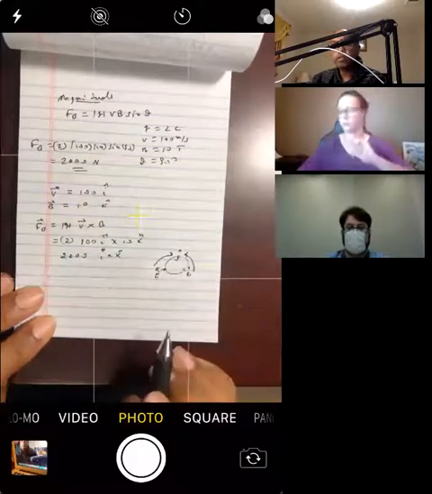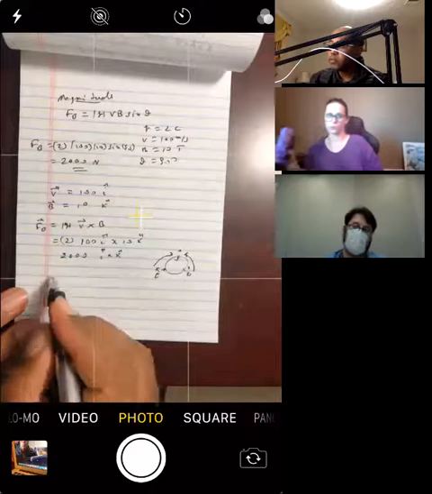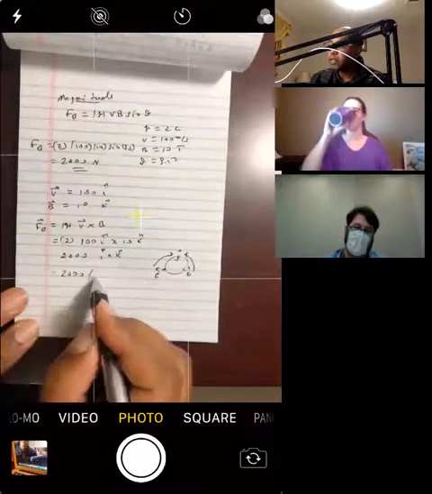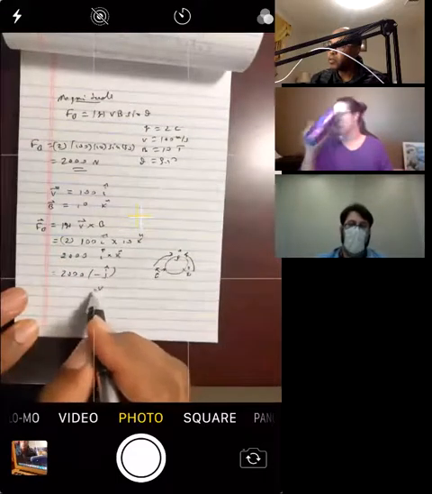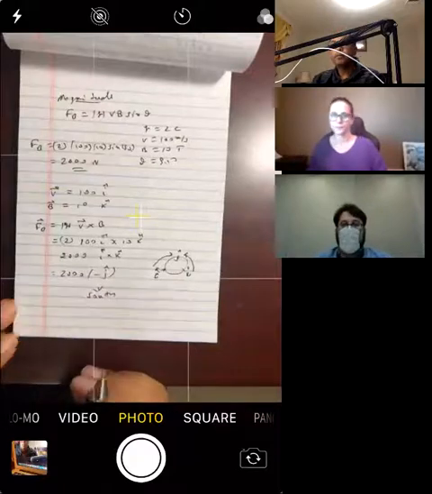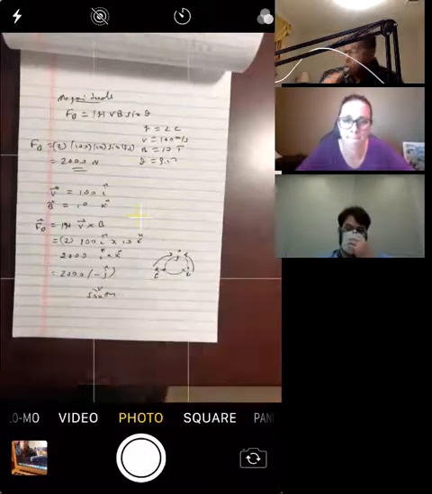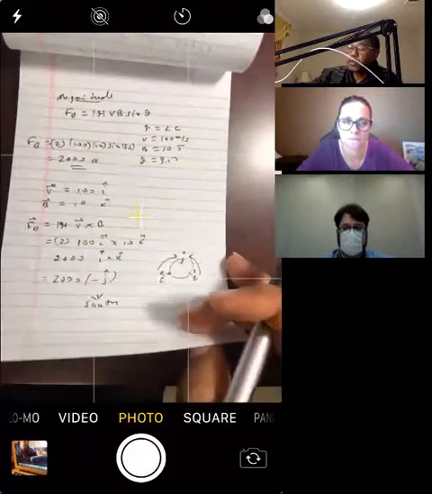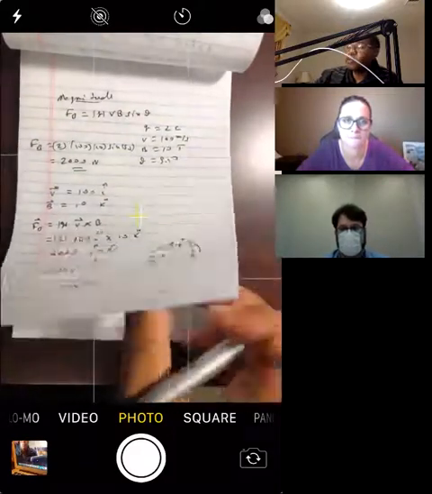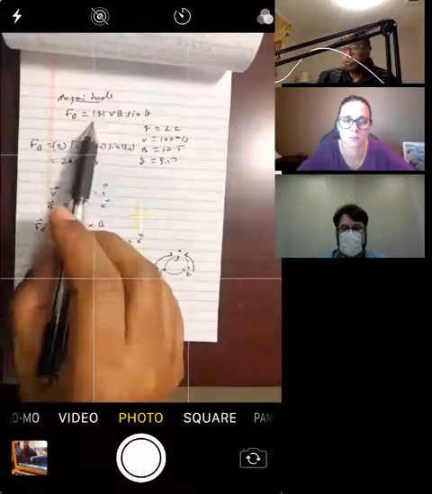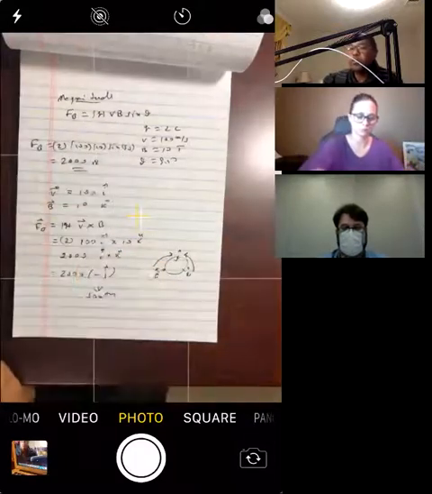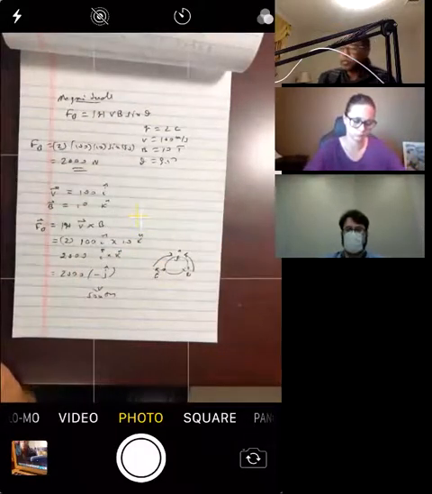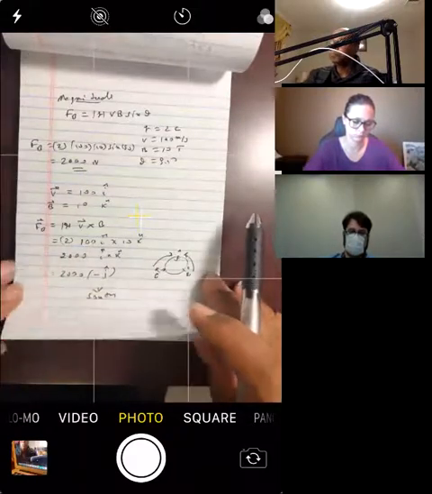Okay, so you get negative J. So this is 2000 in the negative J, which is south on the paper. Okay, so the direction of the vector is south. If you can represent them by I and J, that will be much easier. Otherwise, you can calculate the magnitude using this formula, and then you can use either the screw rule or the right hand rule to get the direction. All right.